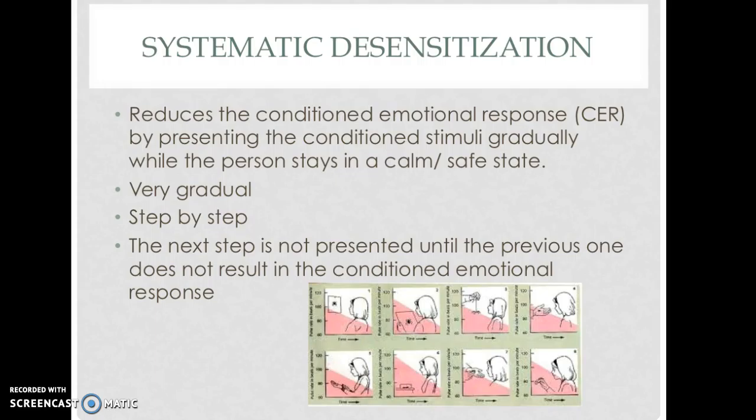If we were interested in using this to reduce spider fear, we may start off with a spider 25 feet away while the person reports feeling calm and safe. Then we would bring the spider 2 feet closer each subsequent step. If at any point the person reports or shows signs of fear, the spider would be pulled back a bit further away and we would restart bringing it closer and closer until that person could comfortably be very close to that spider without experiencing any fear.